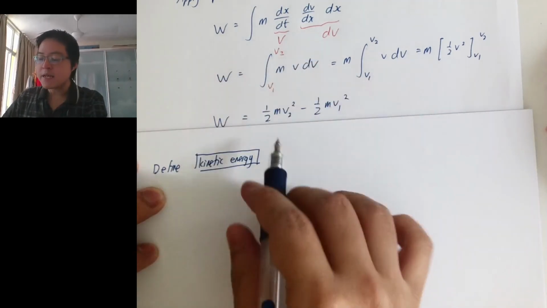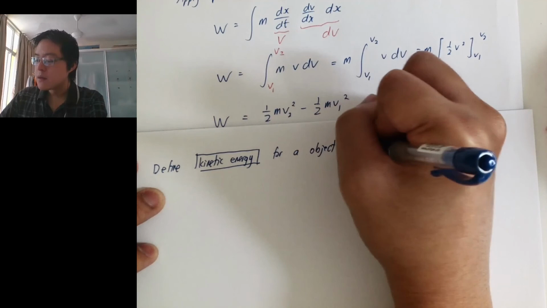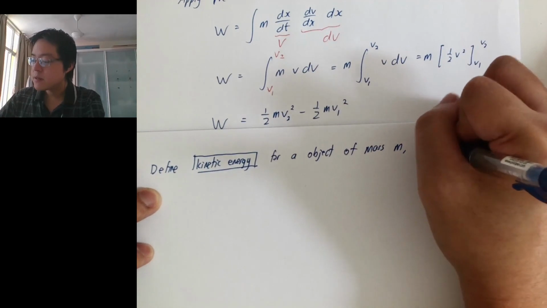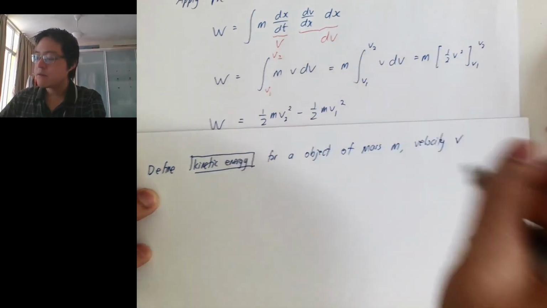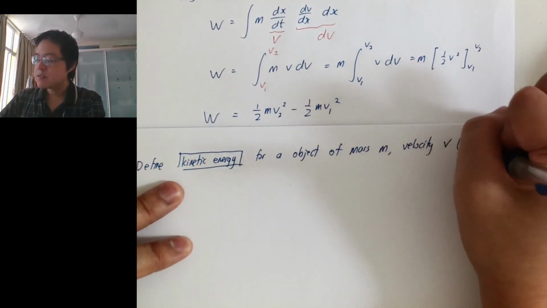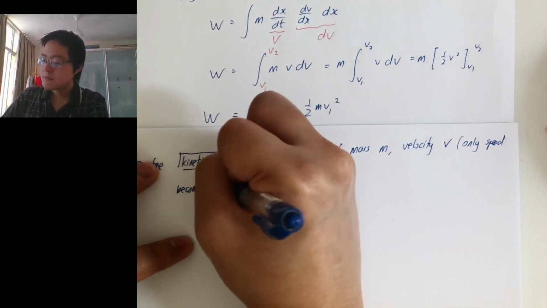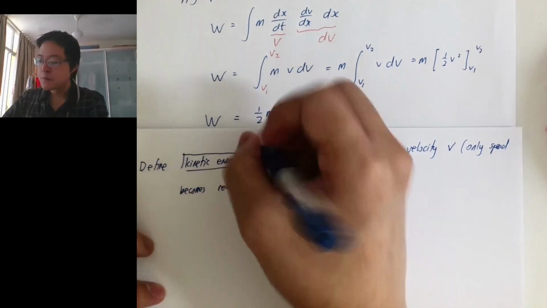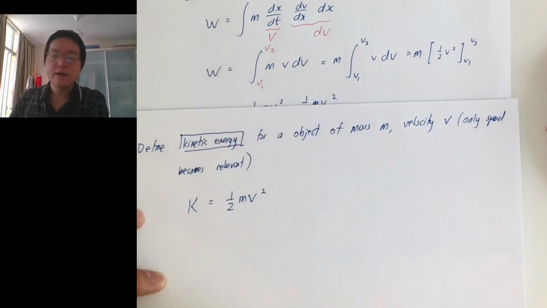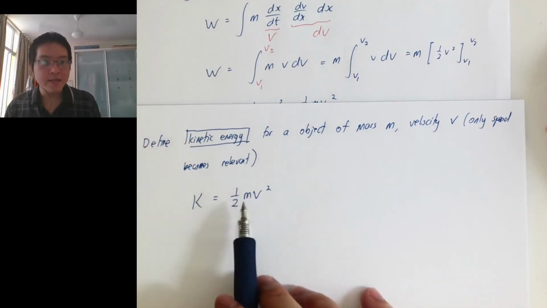For a particle or object of mass m moving at velocity v, actually the speed, only speed is relevant because of v squared, my kinetic energy is half m v squared. For any velocity and any mass, I define this to be my kinetic energy.